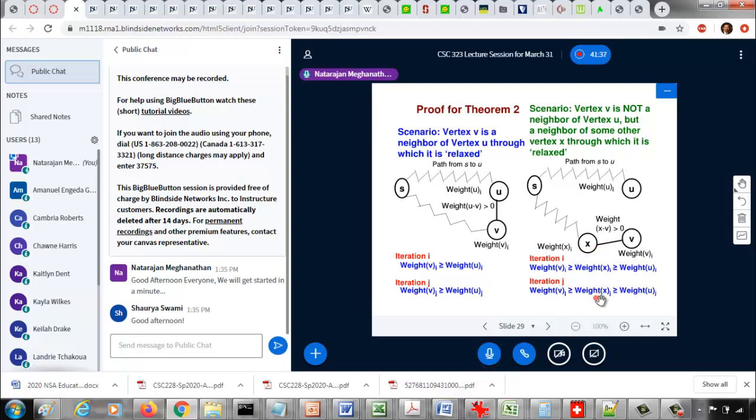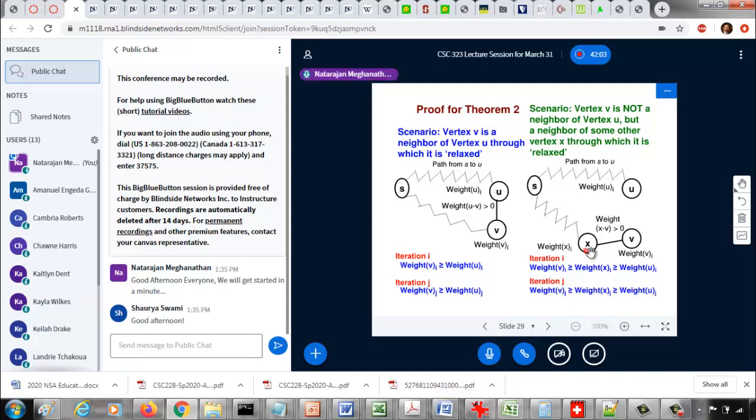Now in a later iteration, let us say x got optimized. Since we just proved that the weight of x was greater than or equal to the weight of u, and all the edge weights are positive, even if x gets optimized in a later iteration, the weight of x is still going to be greater than the weight of u.